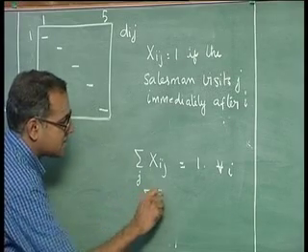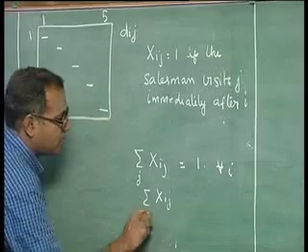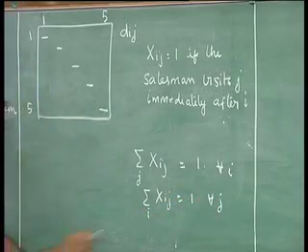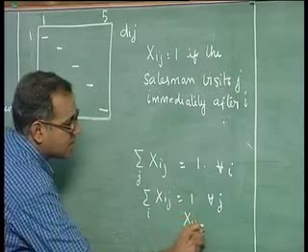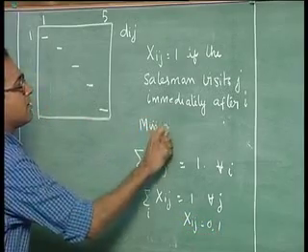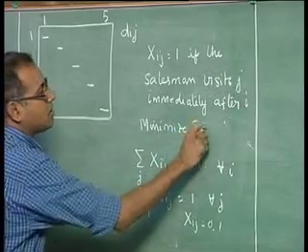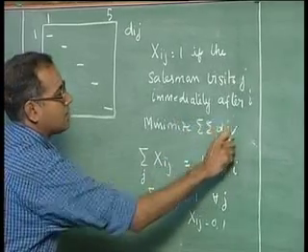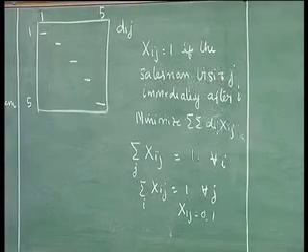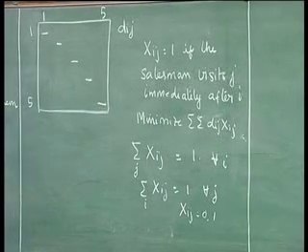So sigma xij summed over i equal to 1 for every j. xij equal to 0 or 1, and minimize sigma dij xij. So let us assume that we have formulated the TSP this way.